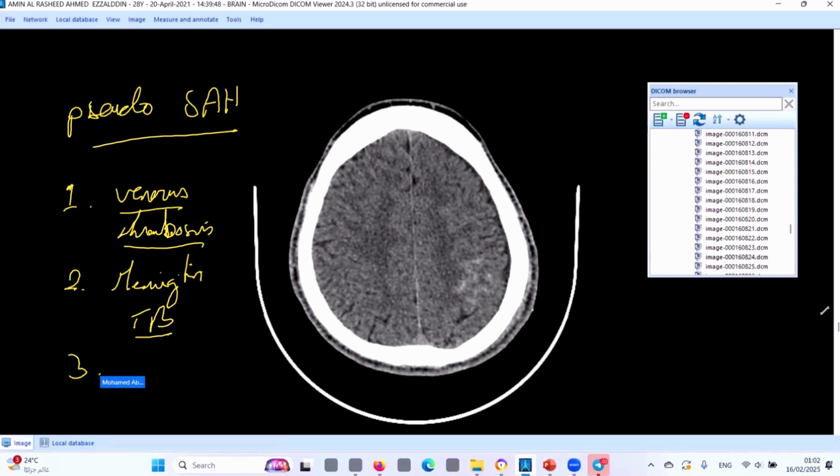And third, if we have severe hypoxic ischemic insult for the brain, this will cause severe cerebral edema. And once we have cerebral edema, it will reduce the brain tissue density. So the meninges beside the brain can be slightly hyperdense relative to the brain tissue, but it is not subarachnoid hemorrhage. We will try to get some cases with pseudo-subarachnoid hemorrhage.